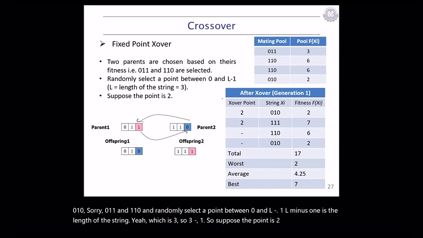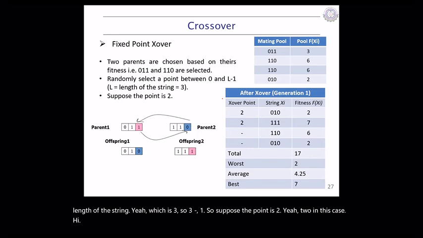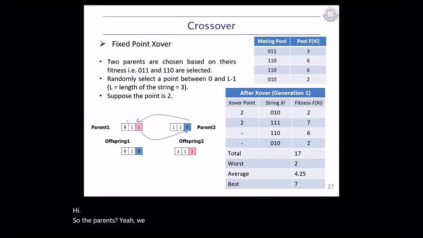So parent 1 is 0, 1, 1 and parent 2 is 1, 1, 0. We select the point, then we swap, crossover, from parent 1 to parent 2.